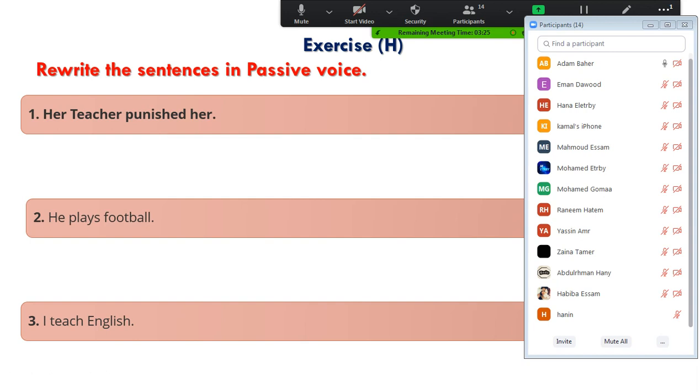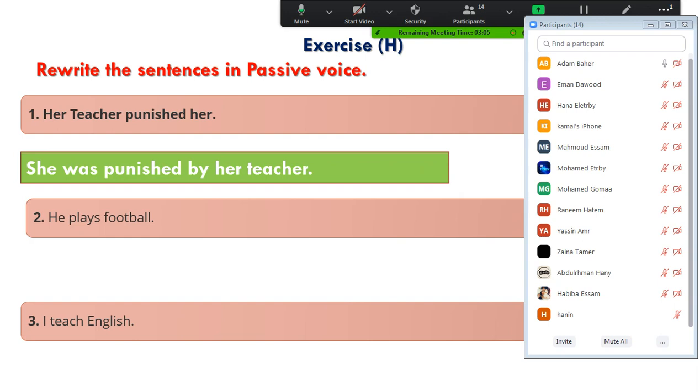Her teacher punished her. It's in the past, that's right. Turn it into passive. She was punished by her teacher. Excellent. Thank you, Adam. Iman, number 2.